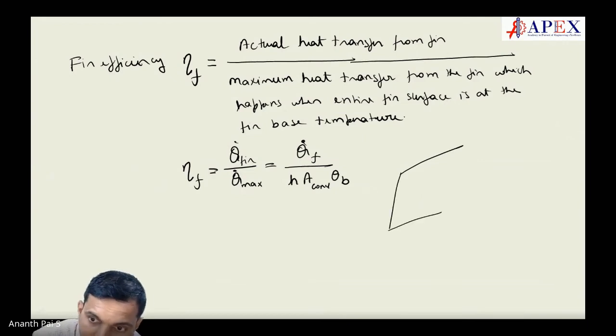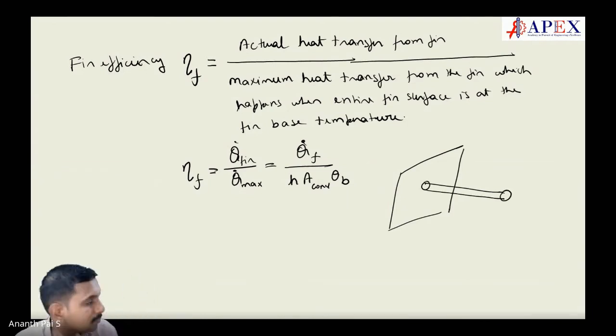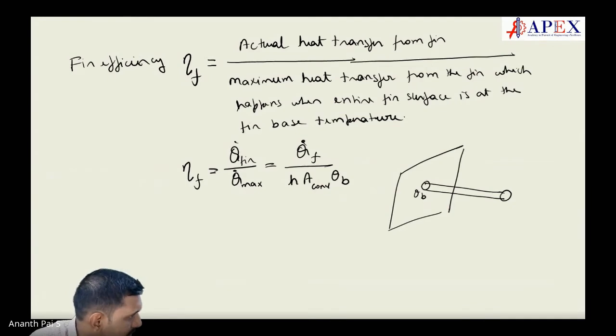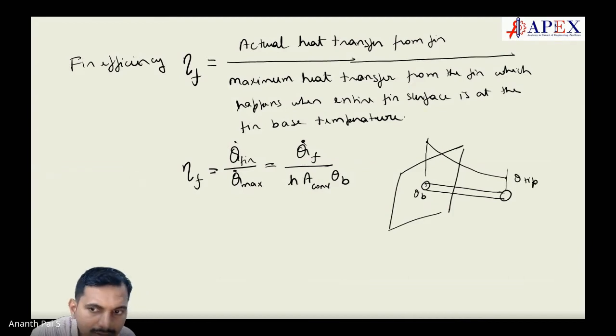See, I have this fin which is put here, for example. Here you have theta B. Now we know as it comes down, the temperature reduces, right? This is the theta tip, and this is theta B, correct?